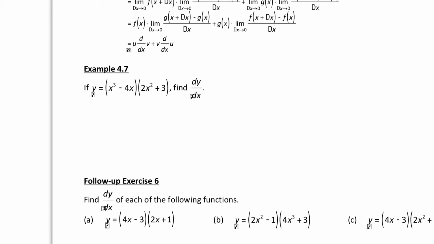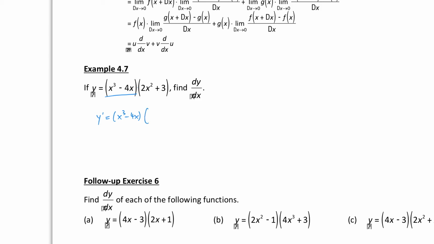If y is equal to x to the power 3 minus 4x times 2x squared plus 3. In this question, maybe you can expand and simplify first, and find the derivative using the expansion. But I want to demonstrate how to use the product rule. Y dash. We write down the first part of the function, because the relation between them is multiplication, and find the derivative of the second term.